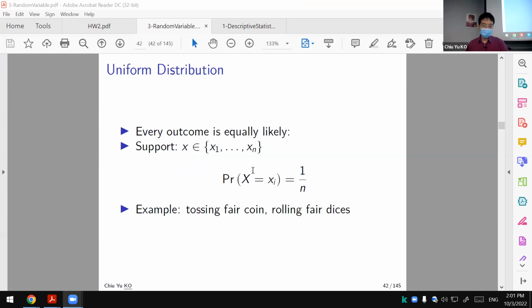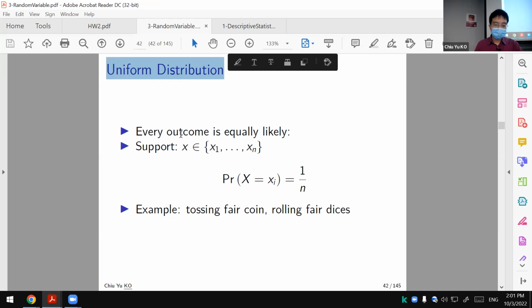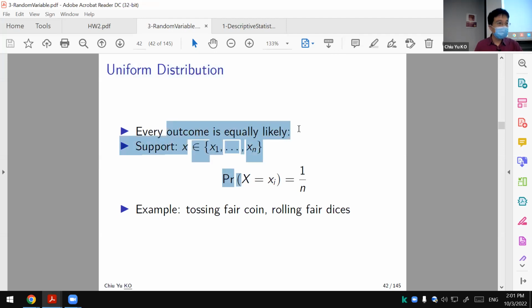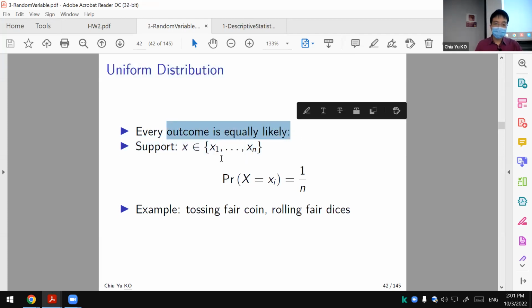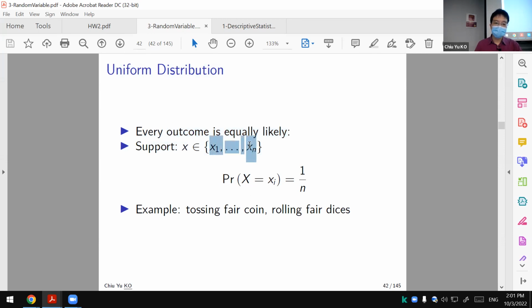The first one is pretty much what we have learned, so it's not something we need to spend time on. It's called the uniform distribution. Each outcome is equally likely. It's more like the classical way, and the support is just some numbers from 1 up to n.